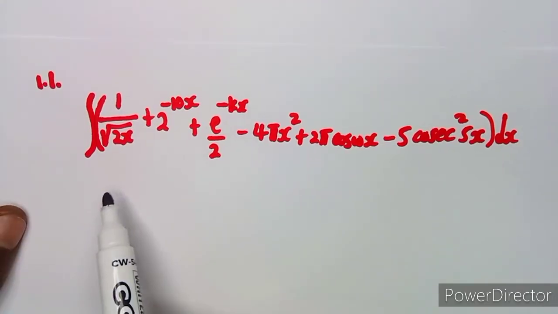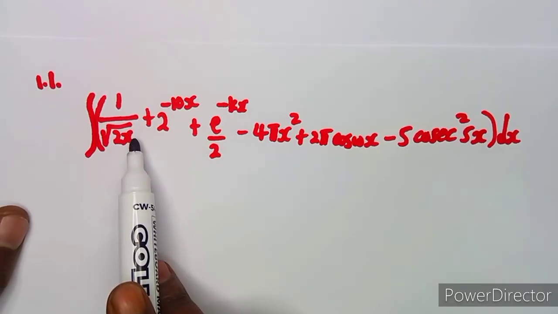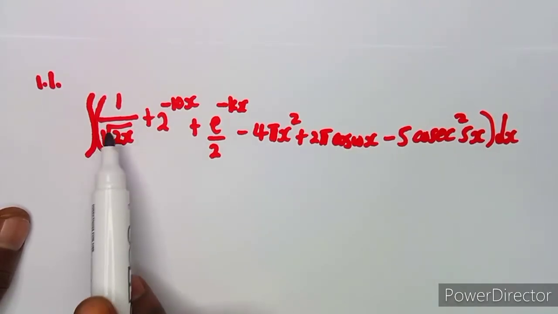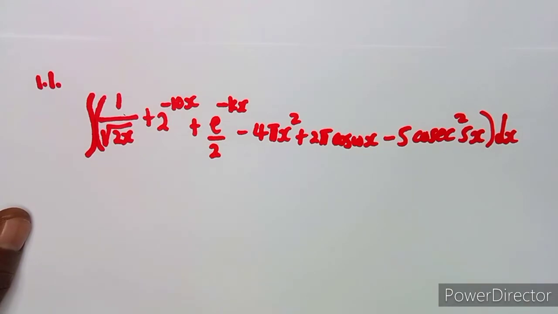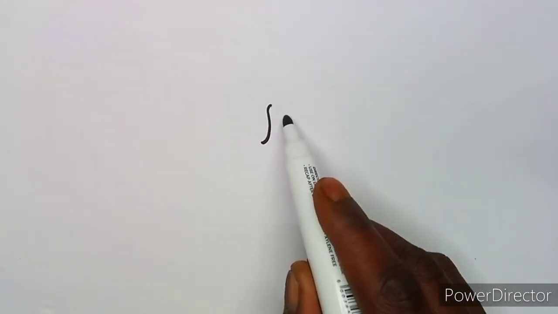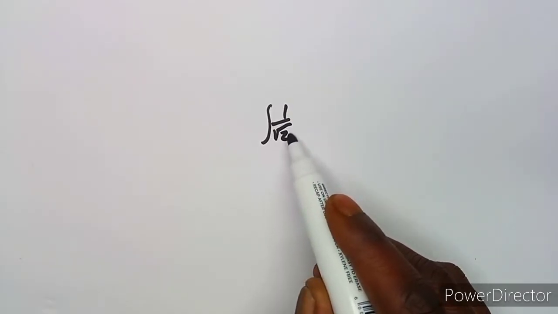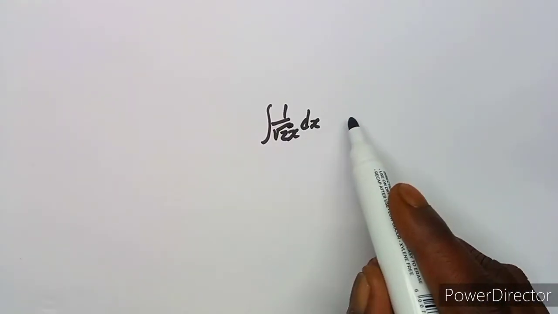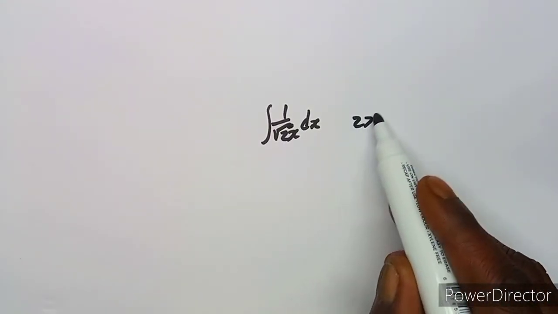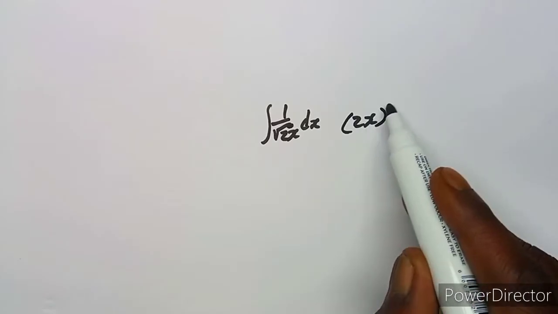So what we are going to do is to simplify this part first. 1 over square root of 2x, we just put it aside and so forth. So this is going to give us something like this. We know 1 over square root of 2x is going to give us 2x to the exponent of what?